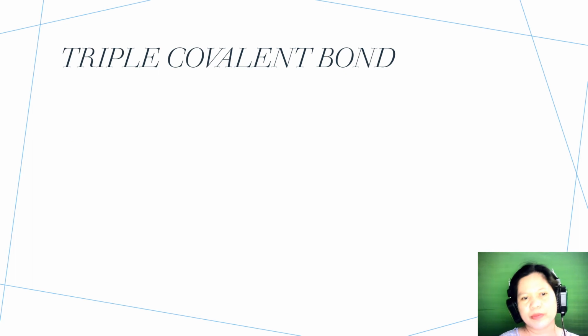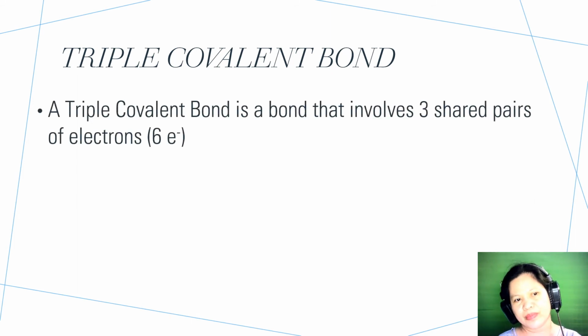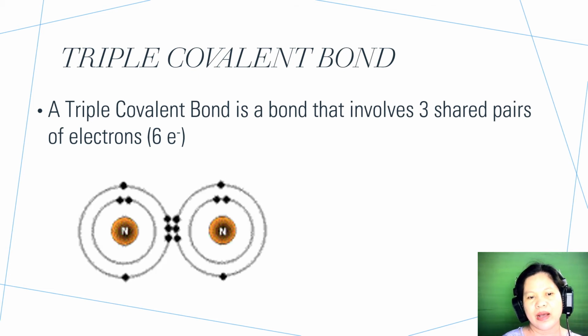Now what about the triple covalent bond? How do we identify whether they have a triple bond? Okay, this is a bond that involves 3 shared pairs of electrons, a total of 6 electrons. For example, you have there nitrogen. Nitrogen has 5 electrons in the outer shell.